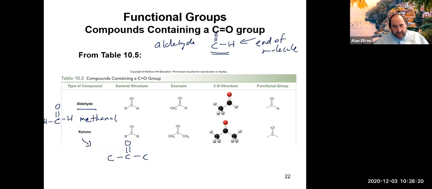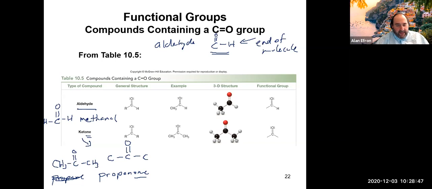If you do, say, CH3, C double bond O, CH3. This is 3 carbons. 3 carbons is propane, the alkane name. Because it's a ketone, it actually ends in ONE. This is what is known as propanone, ONE, again, for the ketone part of it.